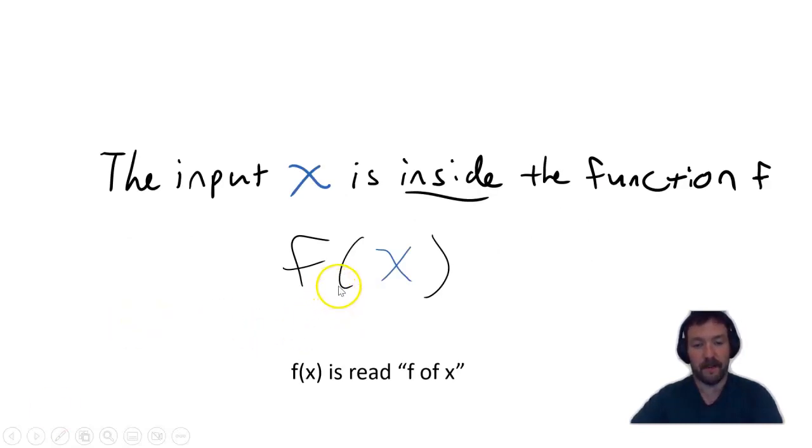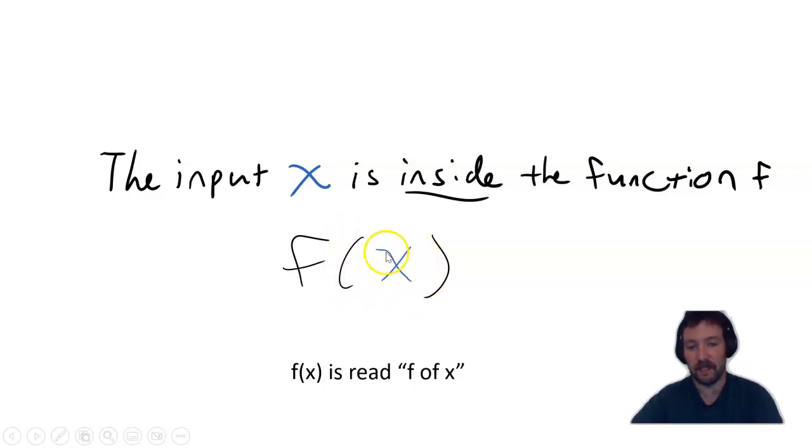This part here is read f of x, typically. Some people will say f at x. What these parentheses are doing is saying you have a function, and we're going to call that function f. That function f, that's the name of it, takes as input this variable x. The whole point of these parentheses is that it's really just a visual trick.